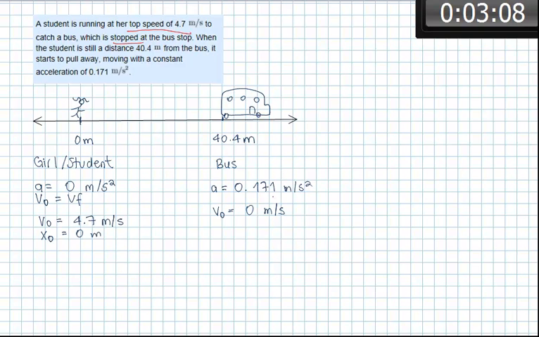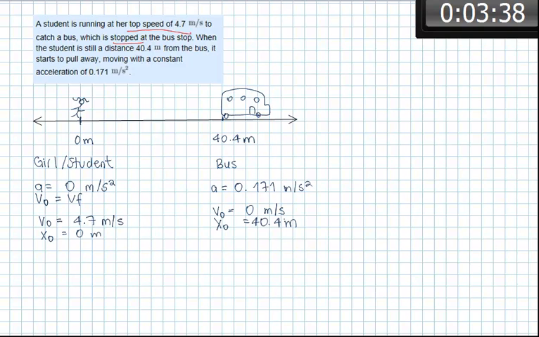It's not moving. The final velocity is something we don't know, but it's not asking us for that. And it says that the bus, when it's stopped, is at 40.4 meters, so that makes x initial for the bus 40.4 meters.